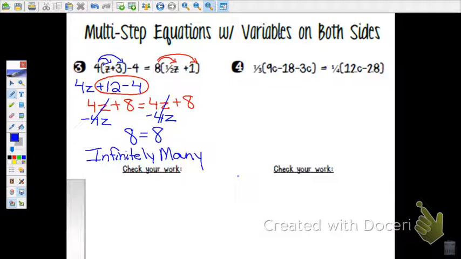If I would have had a false statement instead, for example, if it would have been 8 equals -4, what would my solution be? No solution. Okay, so it's important to be able to distinguish between those two special solutions when my variable disappears on both sides.